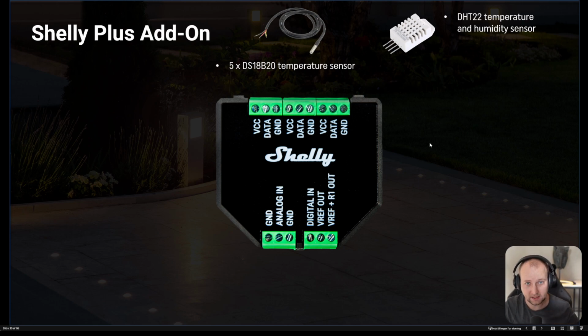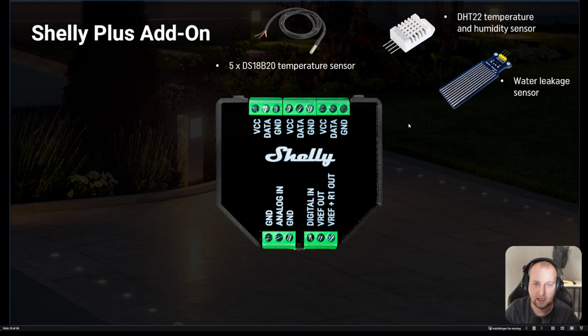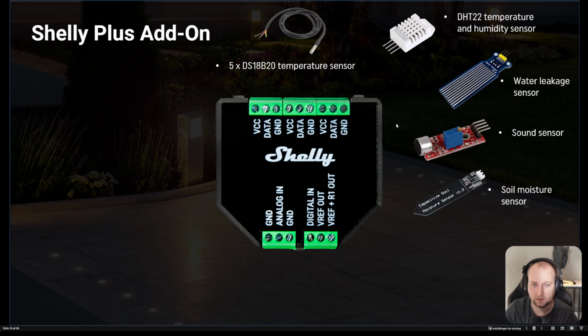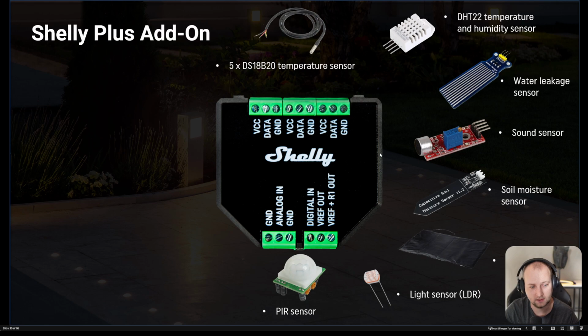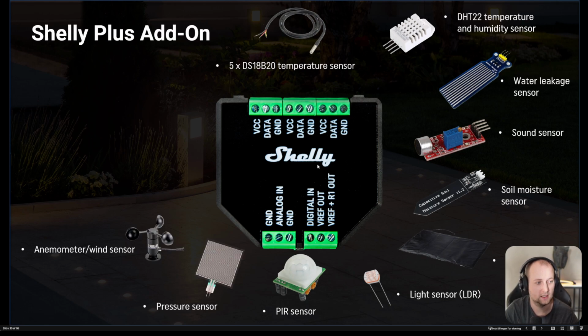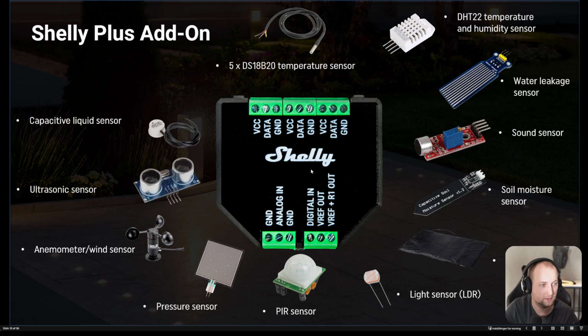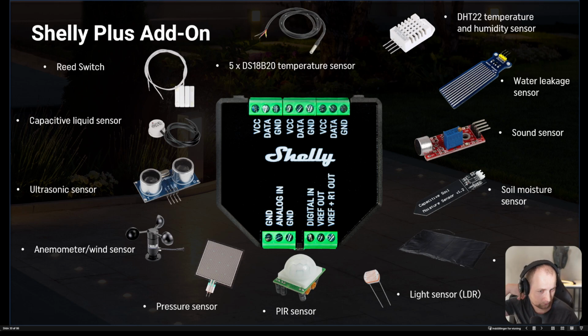You can add the DHT22 temperature and humidity sensor to this. You can add water leakage sensors. You can add sound sensors, soil moisture sensors, pressure mats, light sensors, PIR motion sensors, pressure sensors, anemometers, wind sensors, ultrasonic sensors, capacitive liquid sensors, reed switches, or many other kinds of Arduino sensors basically can be added to this device, and then you can read the information.